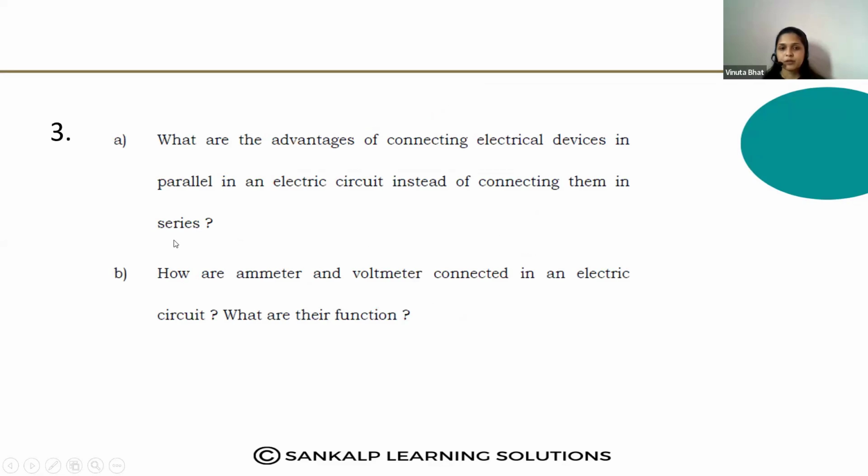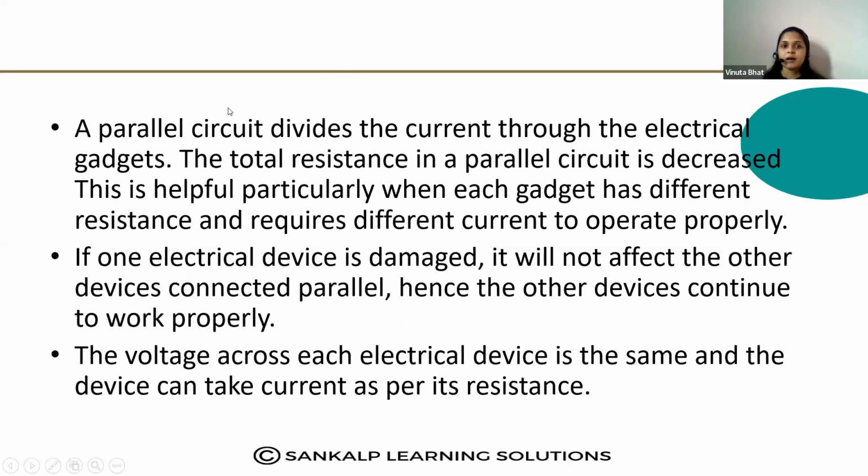Next question. What are the advantages of connecting electrical devices in parallel in an electric circuit instead of connecting them in series? What is the use of connecting the electrical devices in parallel? Let us see the answer for this question. A parallel circuit divides the current through the electrical gadgets.